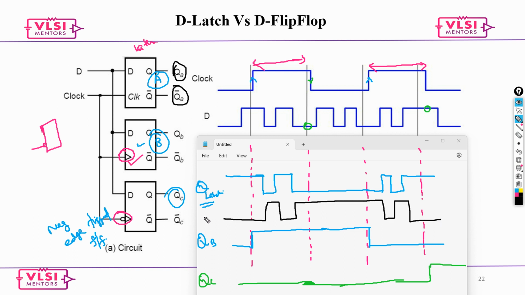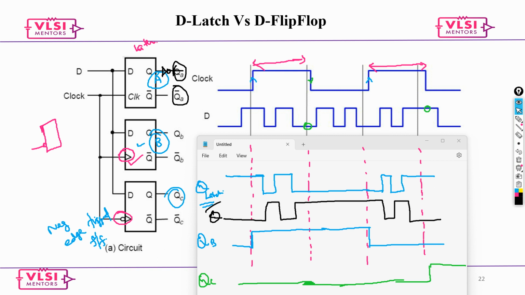It is just like that. You can just add a simple inverter here. That's the basic.